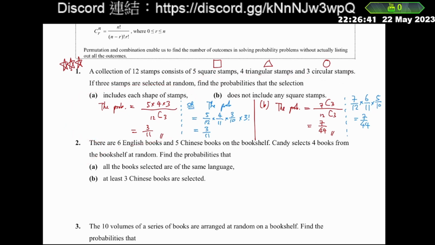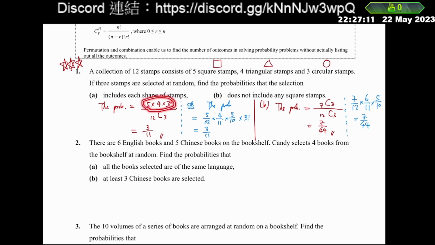So if we are doing multiplication from different groups, then this multiplication does not count any order. Okay, I put it again. So if we are doing a multiplication to choose from different groups, then the result does not have any order. Therefore, when we find the probability, we see this is 5 times 4 times 3.